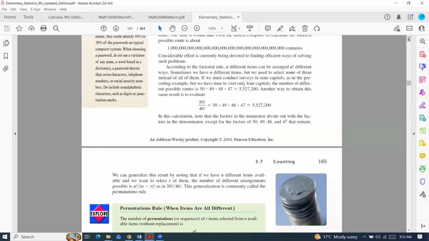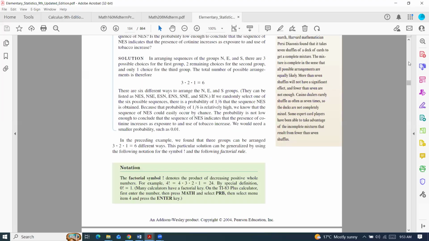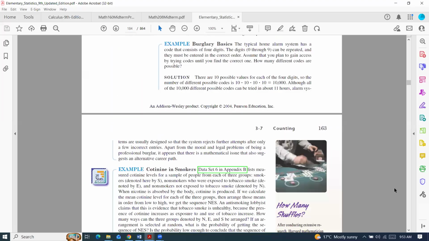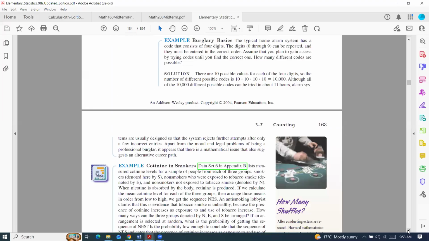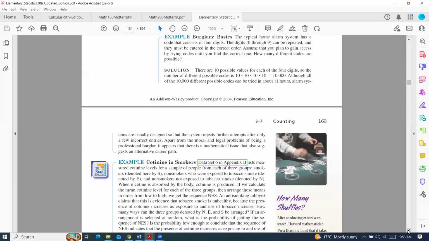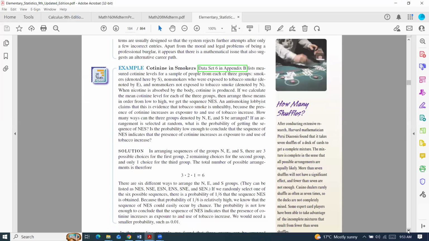with exclamation marks. It doesn't mean that you need to scream out loud, it just means that you need to multiply the numbers from the one given down to one.